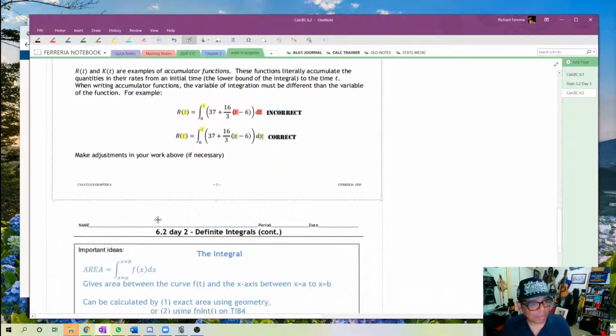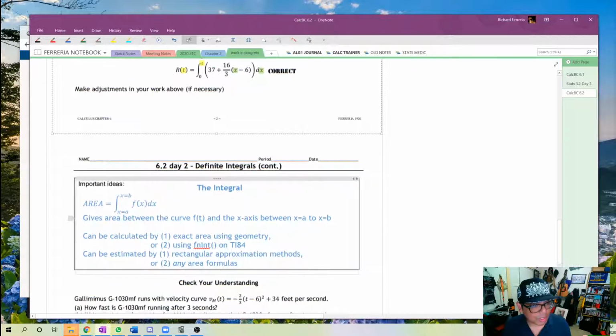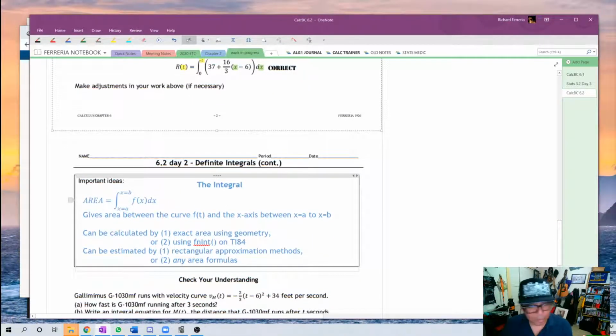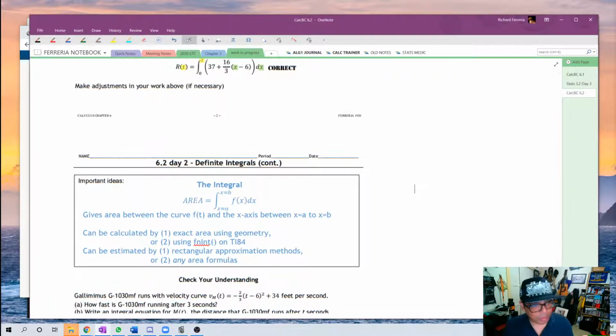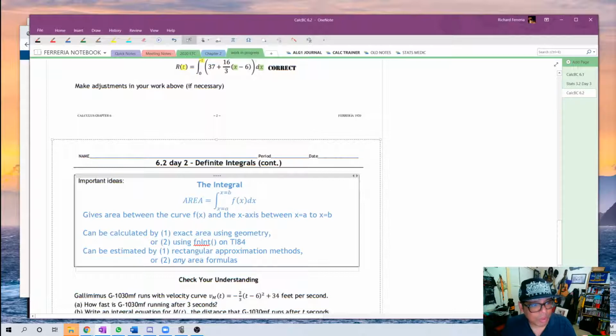So that brings us to our important ideas, and I'll summarize them quickly for you. The integral is a calculus way of writing the area. It is an area function. So when I write the integral from x equals a to x equals b of f of x dx, that's going to give me the area between the curve of f of x and the x-axis, and between x equals a and x equals b.